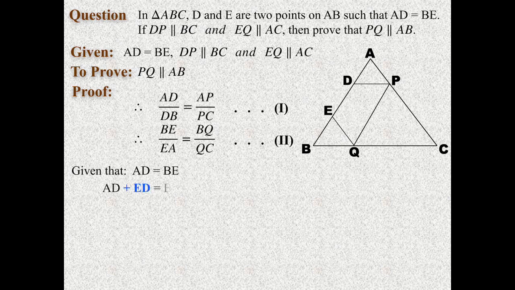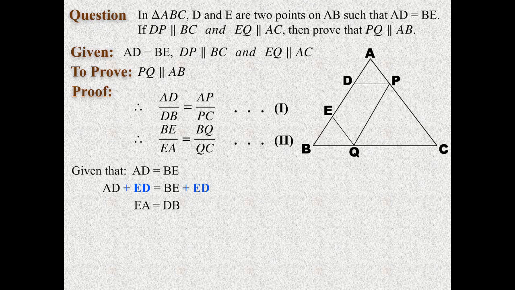Now if we add the same number to both sides of an equation, we get the same results. Here we add line segment ED on both sides. So we get AD plus ED, which is equal to EA from the diagram, and BE plus ED is equal to DB again in the same diagram.